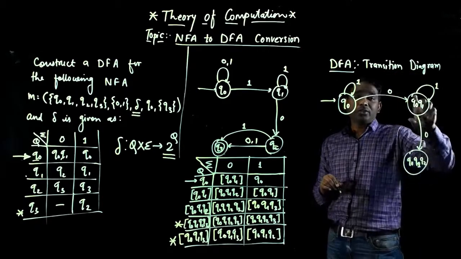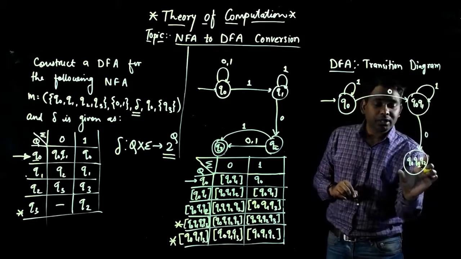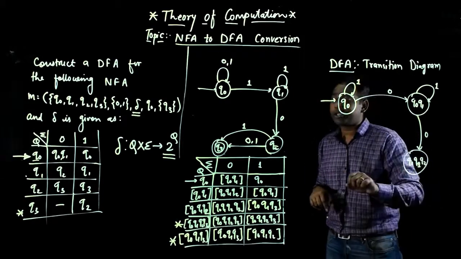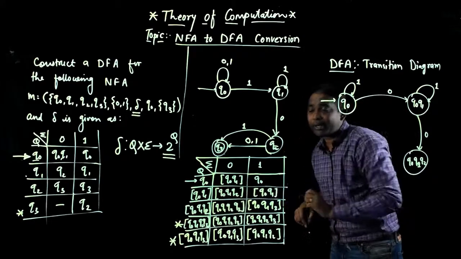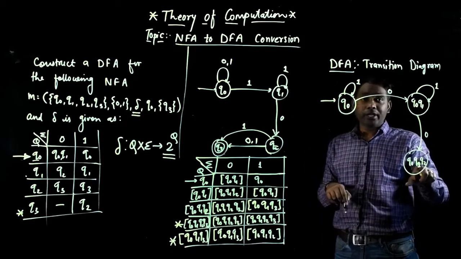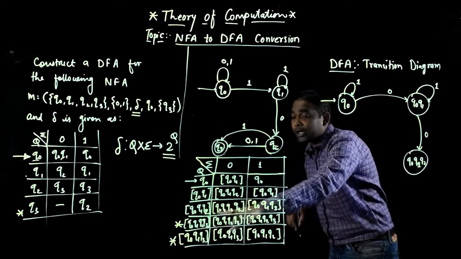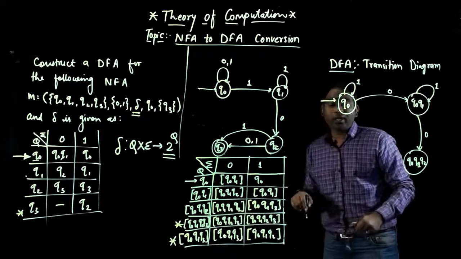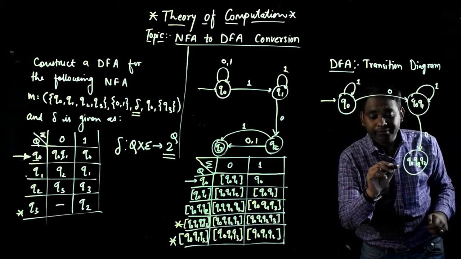So this state is over. Now for the state Q0, Q1, Q2, I need to find the transition already present in my transition table. On 0, where does it go? It goes to Q0, Q1, Q2 and Q3. So this is the next state.